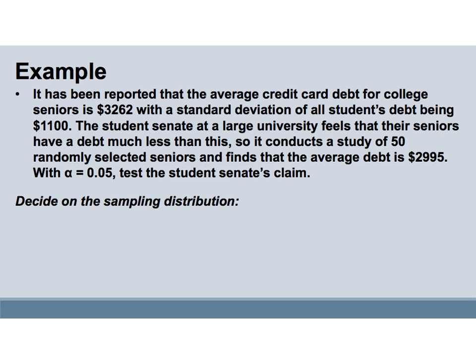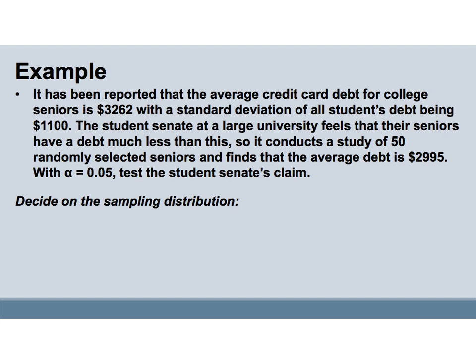The Student Senate at a large university feels that their seniors have a debt much less than this, so it conducts a study of 50 randomly selected seniors and finds that the average debt is $2,995. With alpha equals 0.05, remember that's your level of significance, test the Student Senate's claim. Okay, step 1. Is this a proportion or a mean?